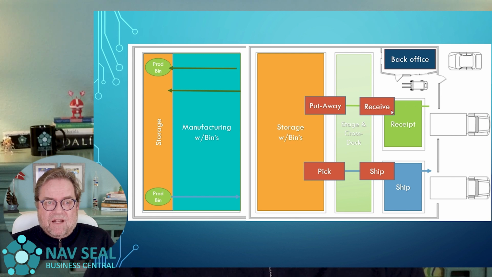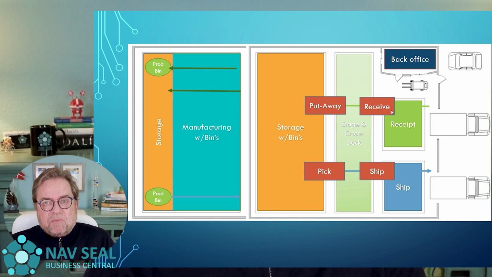So we're going to handle that in one operation, in one process, and that is typically referred to as our warehouse receipt documents. Once we have managed our warehouse receipt document, checked it, and verified quantities and qualities, we are going to receive that warehouse receipt document into the warehouse.